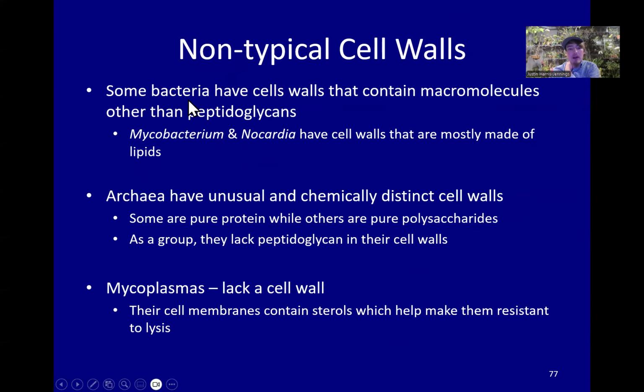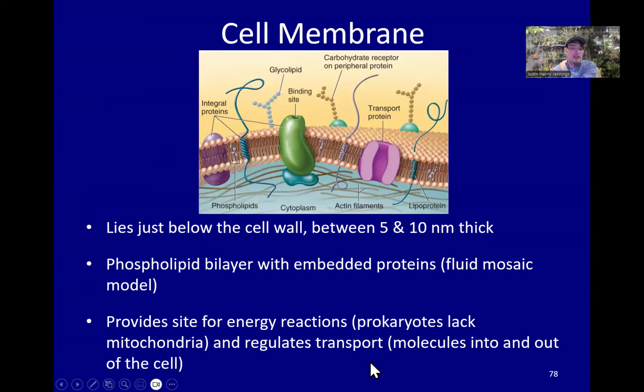Mycobacterium usually have mycolic acid that creates a waxy coating around it. You also have mycoplasmas, which have no cell wall, so they have a lot more abnormal shapes. Mycoplasma pneumoniae, which causes walking pneumonia, has obscure shapes because it doesn't have the structure of the cell wall to keep it rigid into a uniform shape.